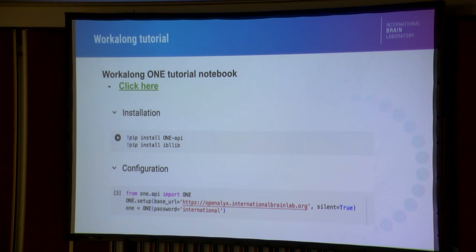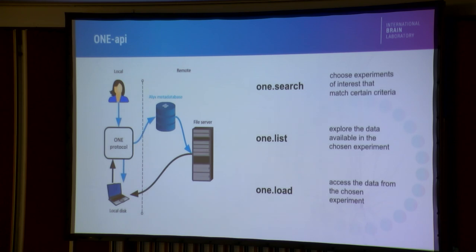So for everyone who wants to follow along and do the exercises, I'd like you to go now into that Colab and run the first two cells, so the installation and the configuration. These are just installing the necessary packages that you'll need, and this takes a little bit of time, so it's good to run this beforehand so that when we get to the first exercise, everything will be downloaded and ready to go.